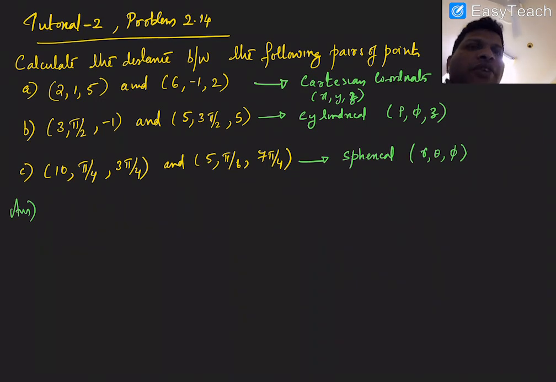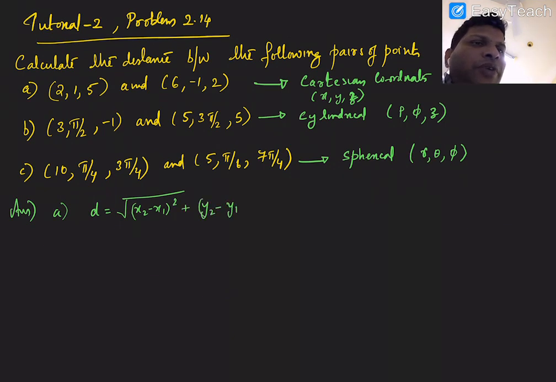So in Cartesian coordinates, as the first part of the problem, we want to find the distance. The distance is equal to the root of (x2 minus x1) the whole square plus (y2 minus y1) the whole square plus (z2 minus z1) the whole square.